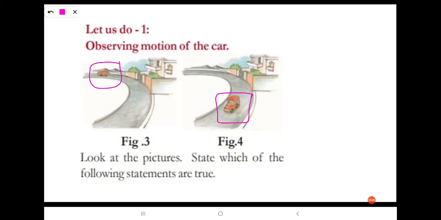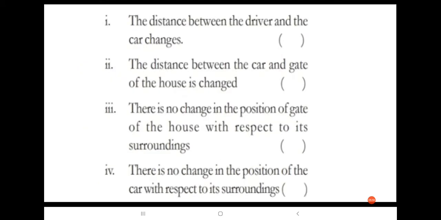And the gate is here, right? So the distance between the car and the gate of the house is changed. Now the next one: there is no change in the position of the gate of the house with respect to its surroundings. Is it true or false? Yes, this one is true.